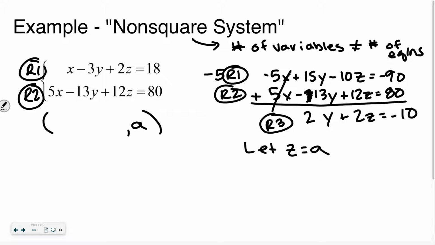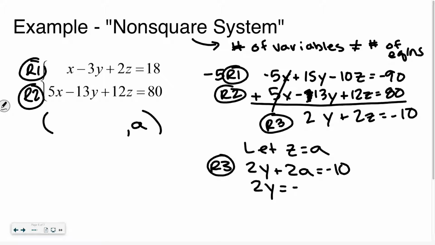Now I'll solve for the other two. 2y, this is in row 3, 2y plus 2a equals negative 10. So 2y equals negative 10 minus 2a. And y equals negative 5 minus a.